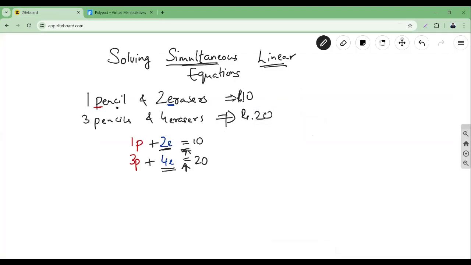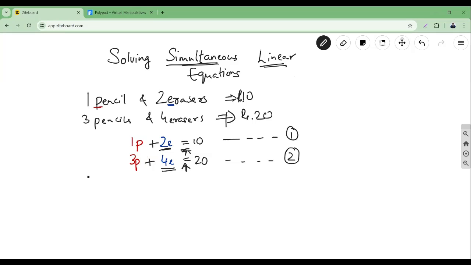So for this one, I can double it, multiply this equation 1. Let's say this is equation 1 and this is equation 2. Now what I'm going to do is double equation 1.